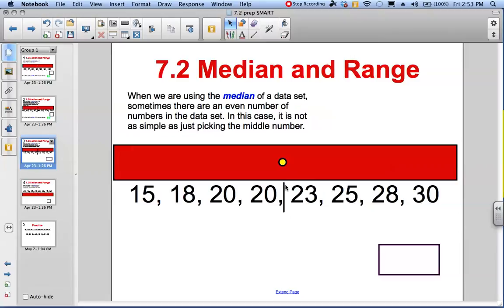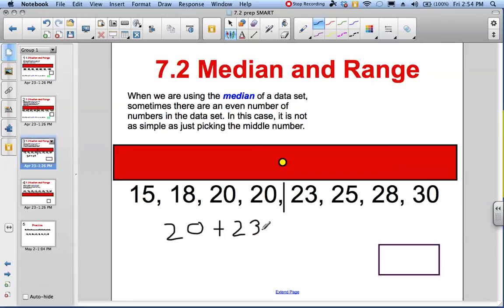Well, the first thing you have to do is you look at 23 and 20. Well, what's in between 23 and 20? What you can do is add them together. So 20 plus 23 equals 43.